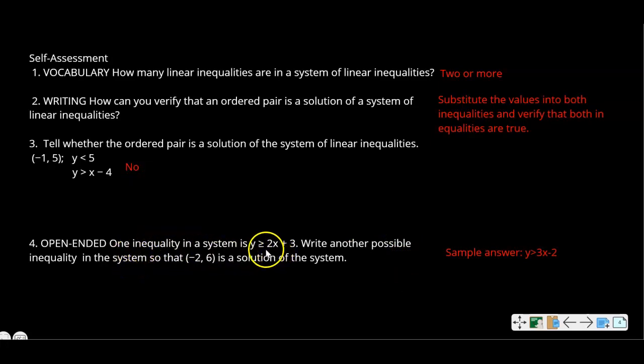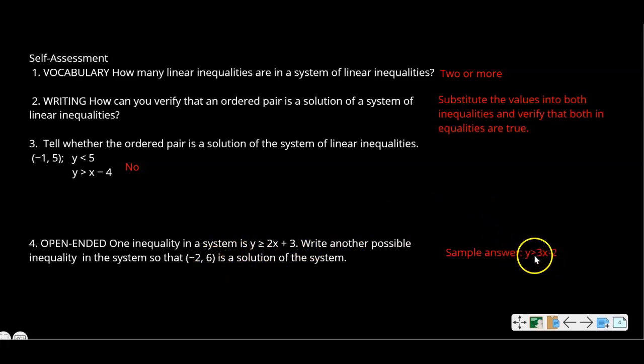All right, number 4, open-ended. One inequality in a system is y greater than or equal to 2x plus 3. Write another possible inequality in the system so that (-2, 6) is a solution. Here's a sample answer. Hopefully you have a different answer, but 6 would be my y.